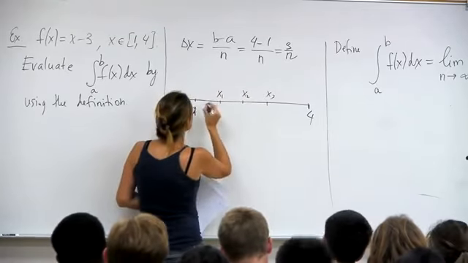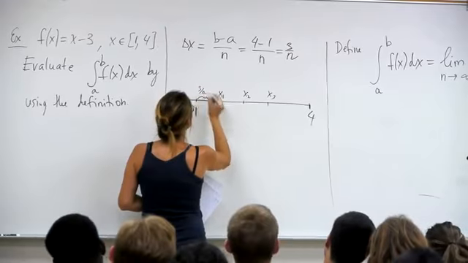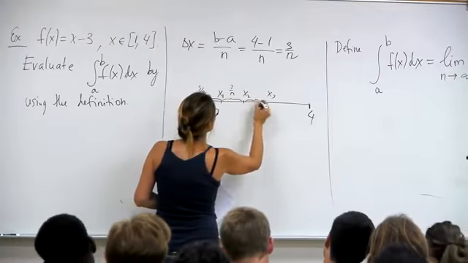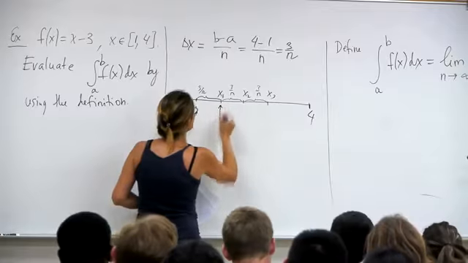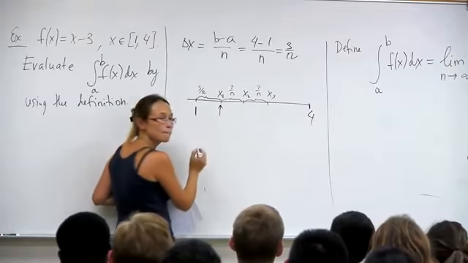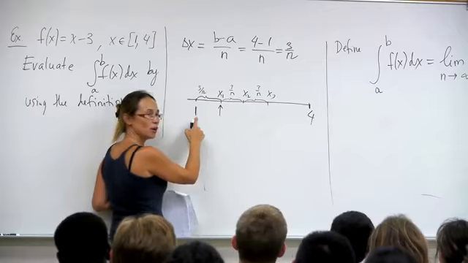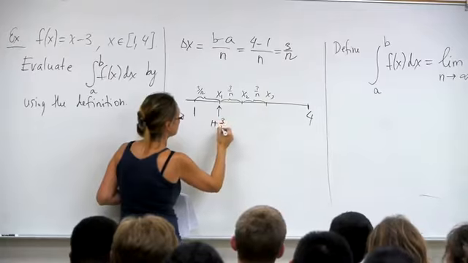So each of these intervals have length 3 over n, right? 3 over n. 3 over n. So what is the value of x1? It's to the right of 1, the distance is 3 over n, so it's 1 plus 3 over n, right?